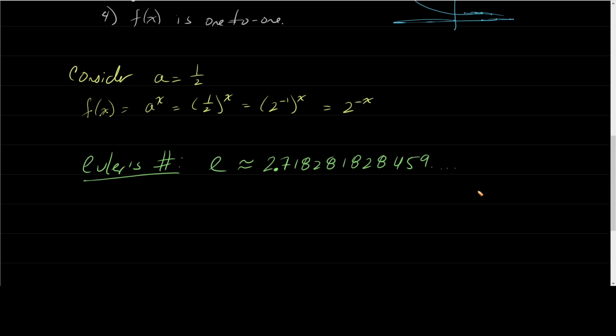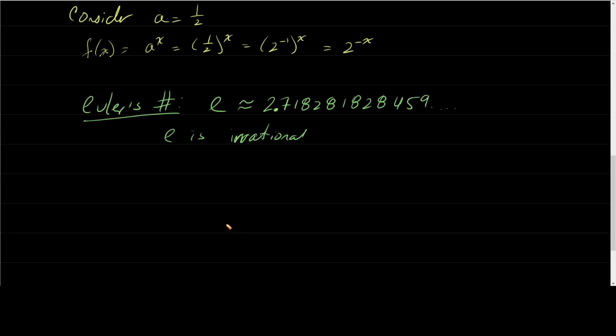Euler's number is a real number, but it's not a rational. In fact, it's an irrational number, which means it cannot be written as a ratio, as a fraction.